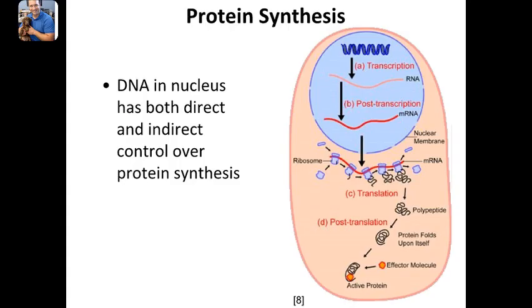Protein synthesis, all right? The DNA that is situated in the nucleus has both direct and indirect control over protein synthesis by the means that we just said previously. We've got the elements of transcription, where an RNA copy is made from DNA, and then messenger RNA is going to go out to a ribosome in the cytosol.